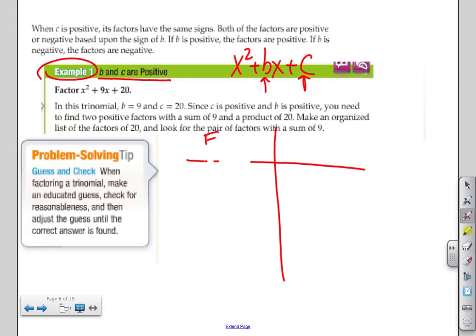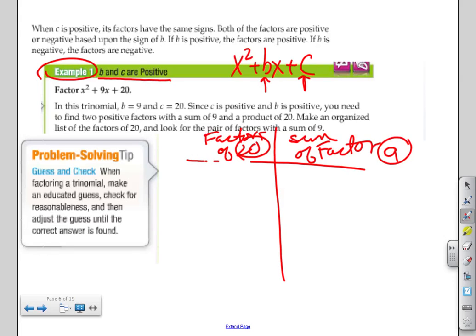You know that they're factors of 20, and the sum of the factors is 9. So we're looking for a product of 20 where the sum of the factors is going to be 9.